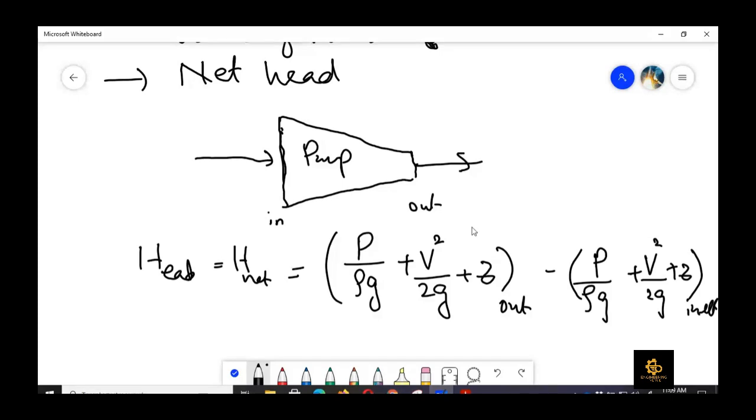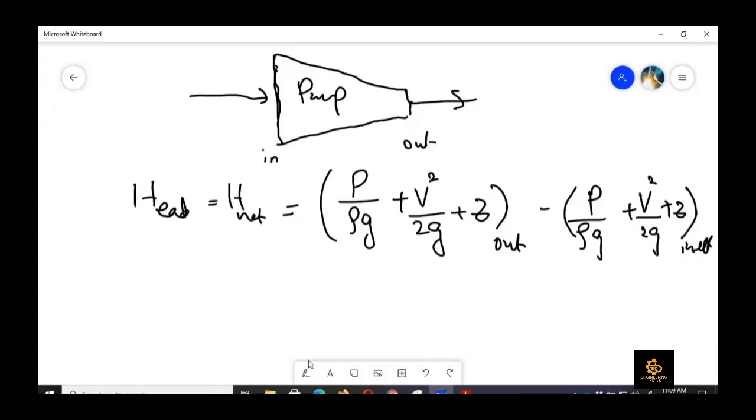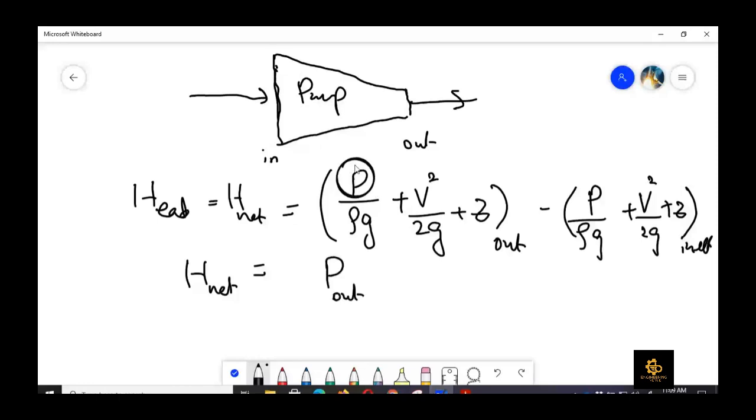In that case, the head gain in the pump is just the static pressure. This is the static pressure that we can measure from some gauge, right? It is P out minus P in divided by rho g, and rho is constant.